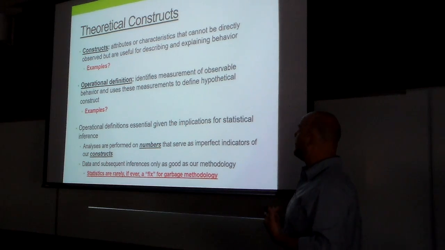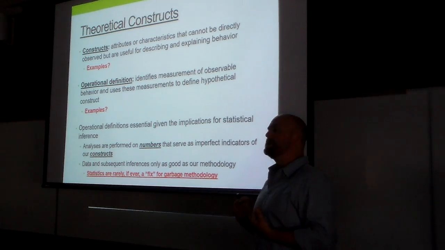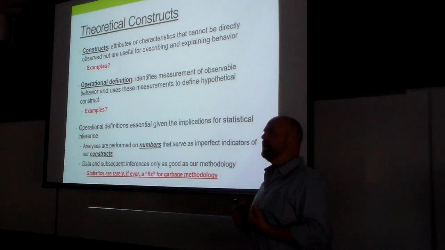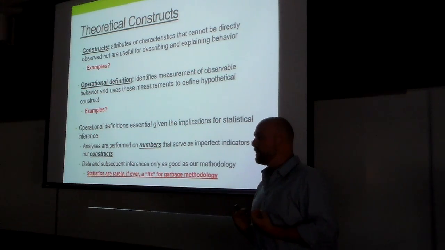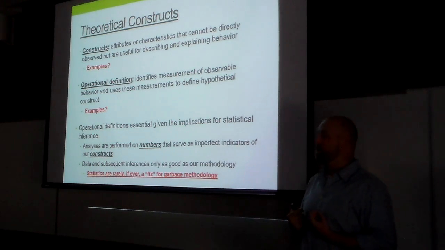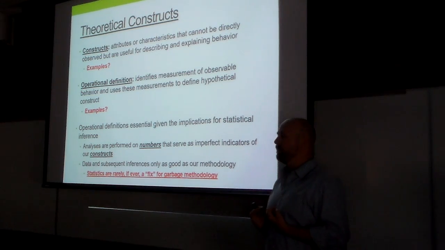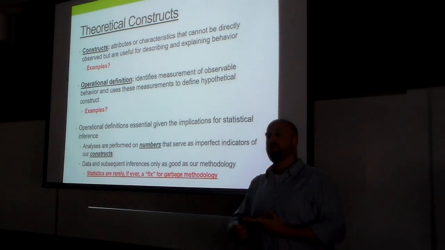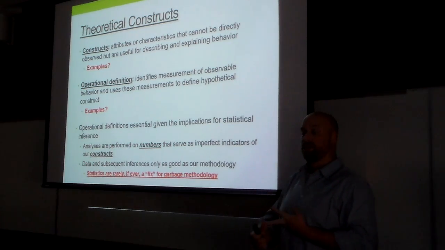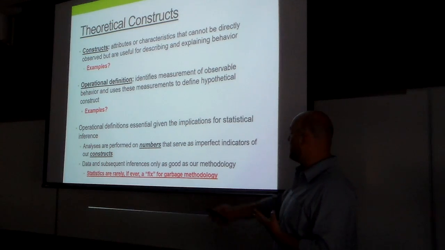So it's always important, as we're thinking about statistics, that our statistical methodology isn't only about looking at numbers and telling whether or not p-values are greater than or less than 0.05. A lot of it is going to be thinking about how we operationalize the construct. Is this a good operationalization of the construct?